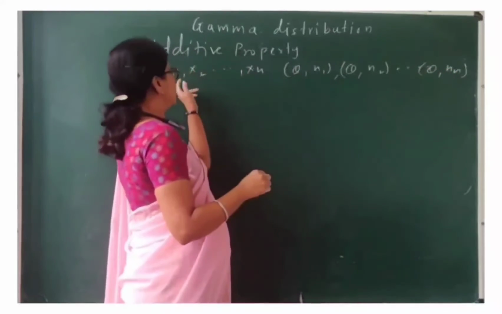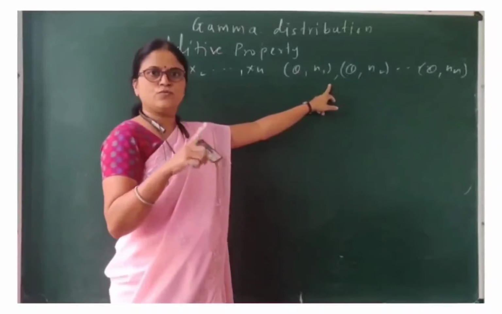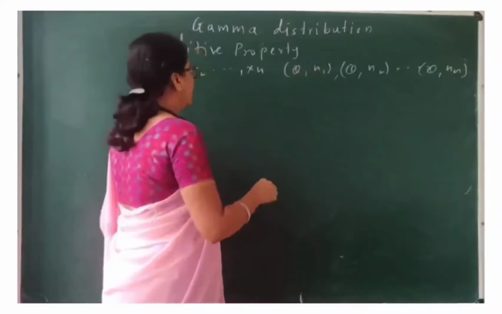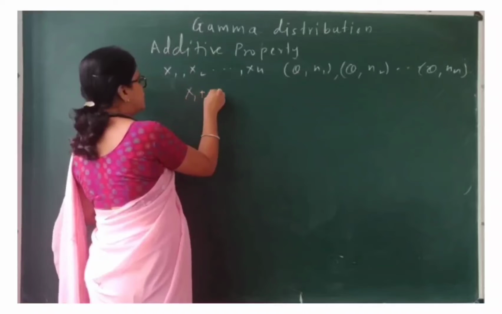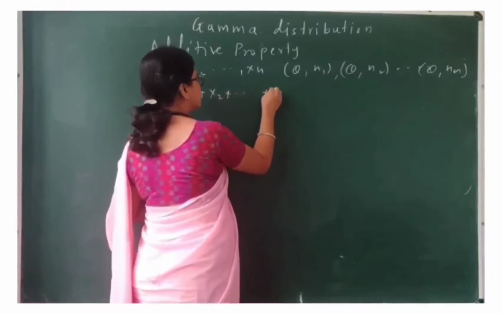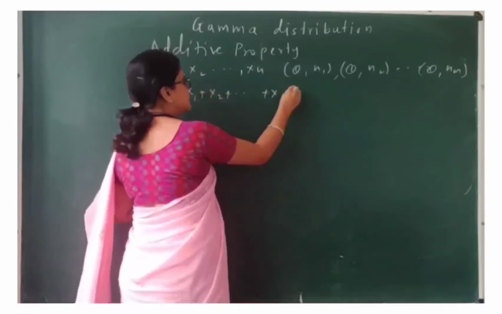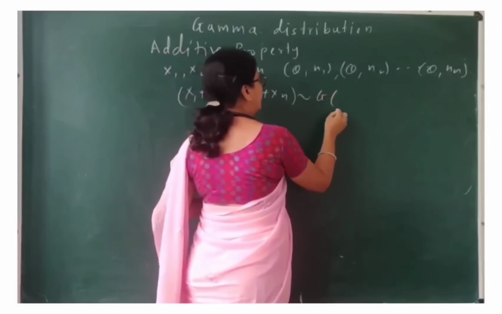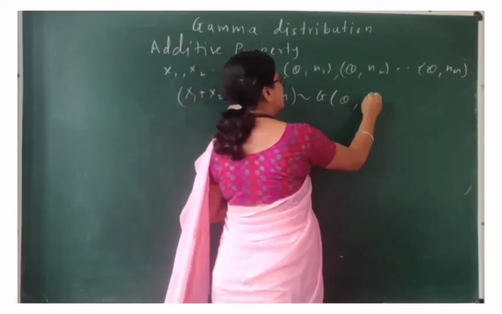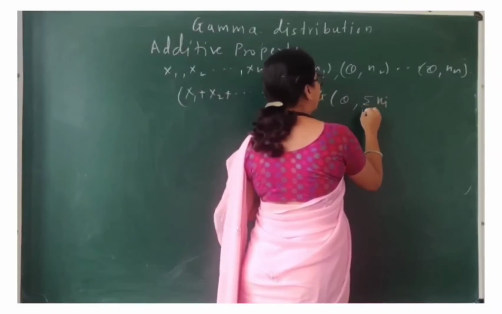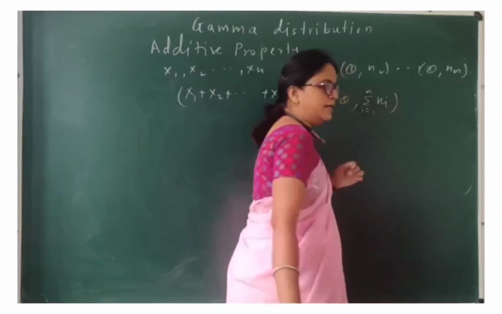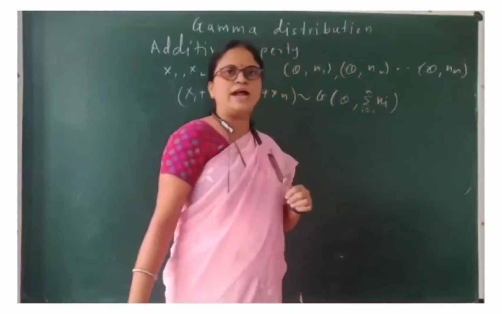That means x1 follows gamma (theta, n1), x2 follows gamma (theta, n2). Then the distribution of x1 plus x2 plus so on up to xn again follows gamma with parameters theta and the summation of ni, i varying from 1 to n. That is the statement of the additive property.